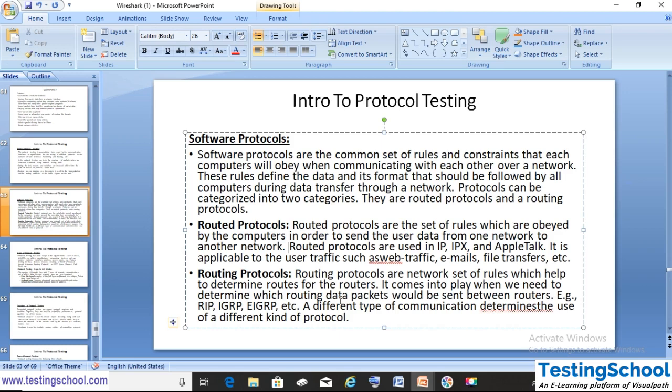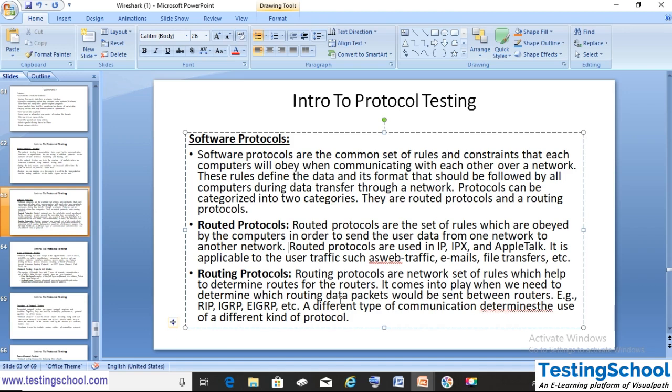That is a major difference. In IP, when you are sending any data across the network, you need an IP header, and along with that your data needs to be attached after the header.